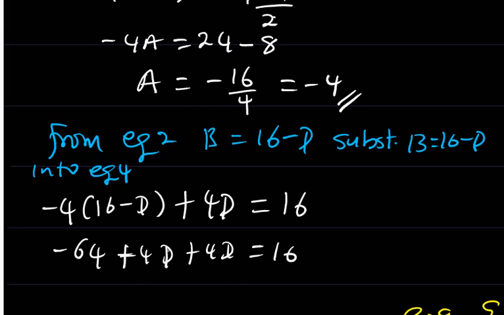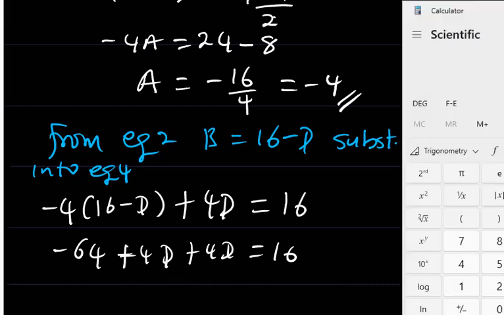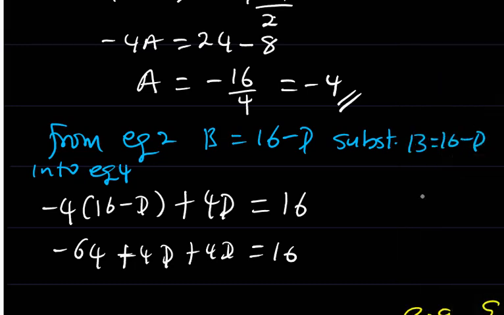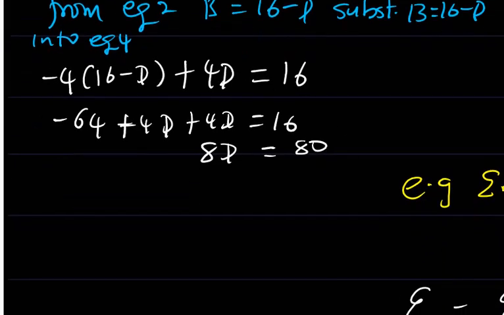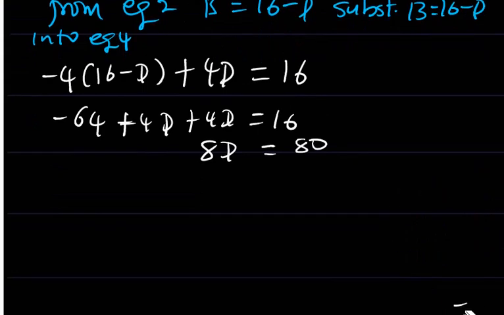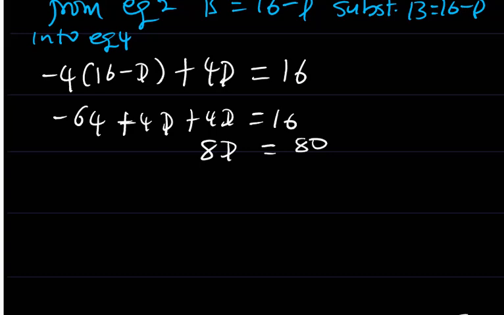So take it to the other side: 16 plus 64 is 80. So 8D is equal to 80. So D will definitely be 80 all over 8, which is 10. D is 10.